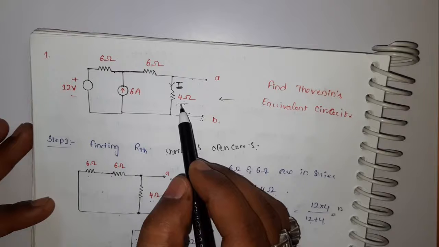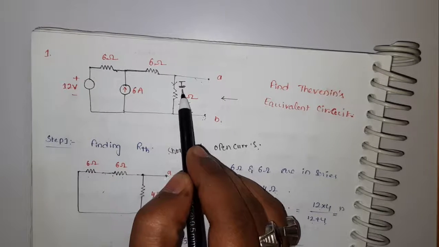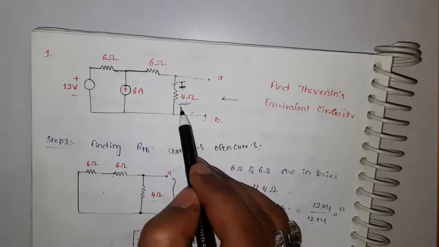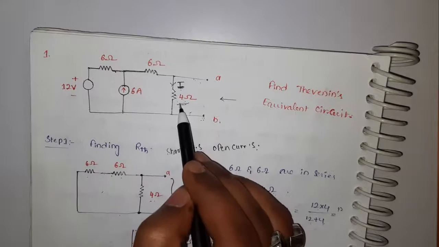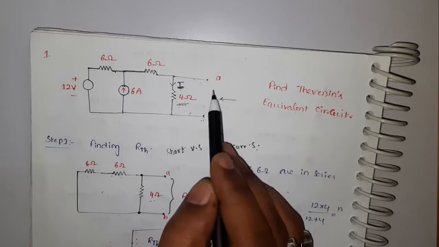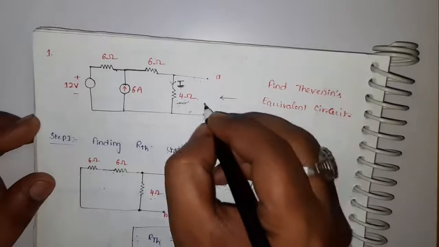So to find the voltage drop, we must find I. If we find I, the current through the 4 ohm resistor, we can find the voltage drop across the 4 ohm resistor, which is equal to the voltage across AB, our required VTH value.